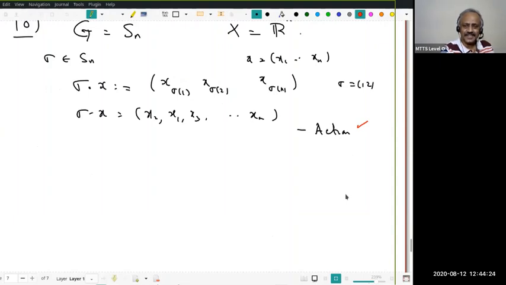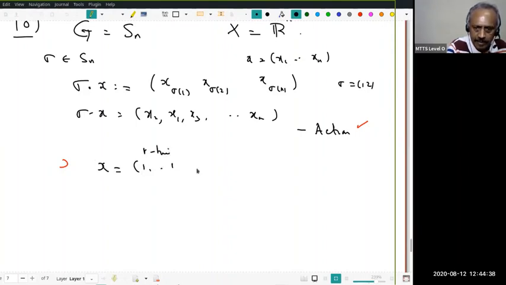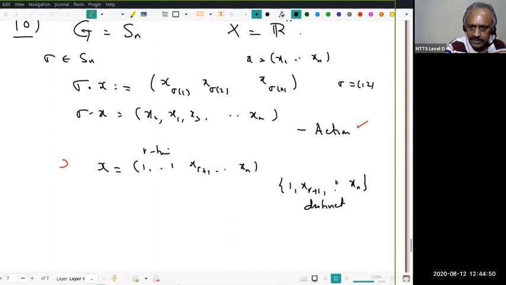Now what we want to know is the stabilizer of some special element. Suppose my x is equal to, let us say, 1 repeated r times, and then x r plus 1 up to xn, where 1, x r plus 1, up to xn are all distinct.